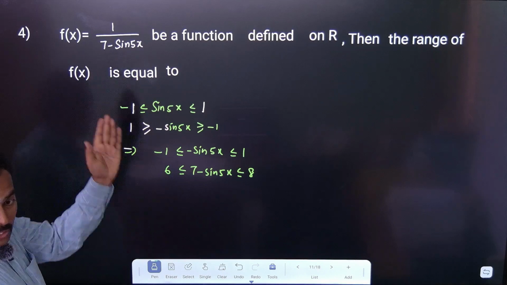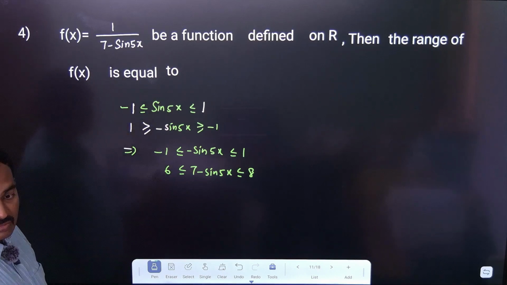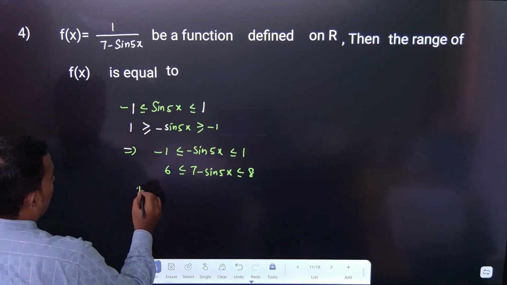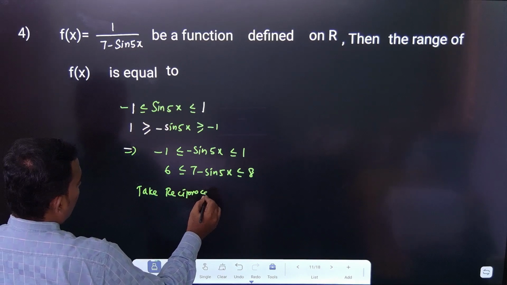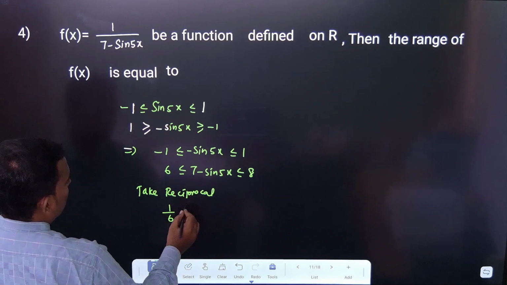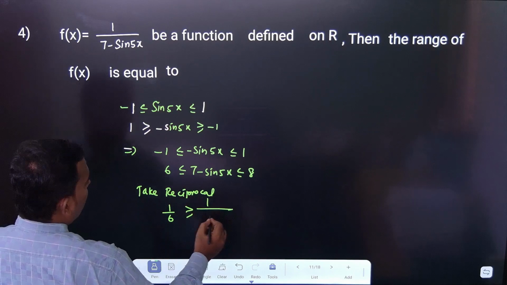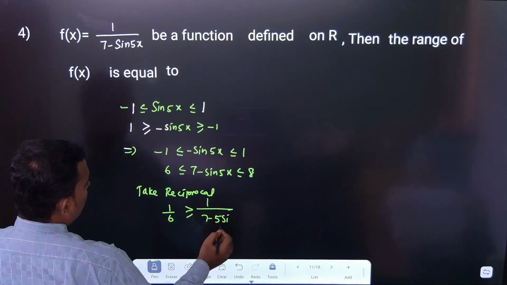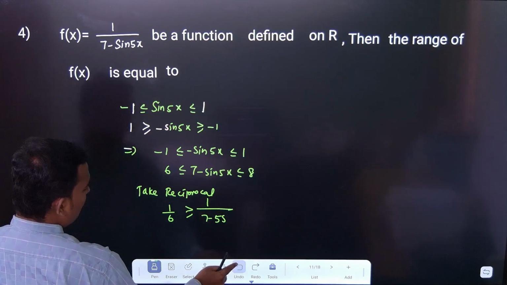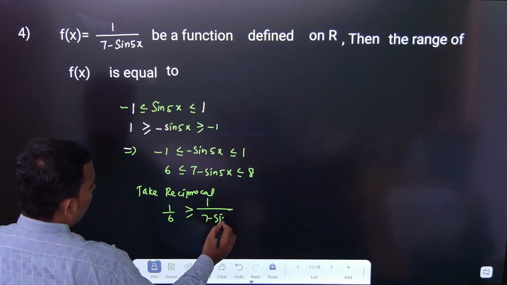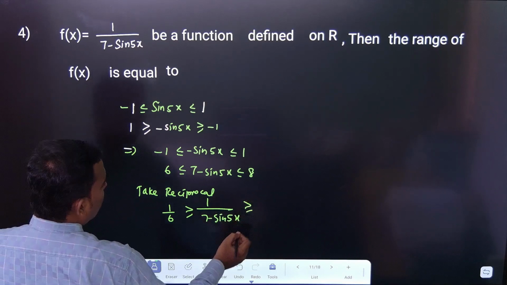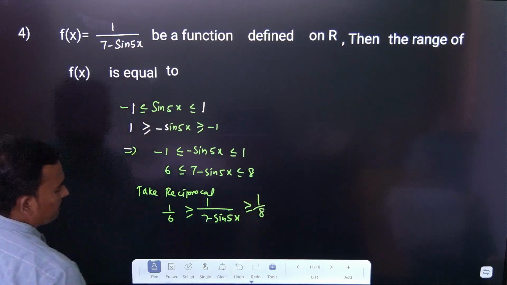Now we need 1 by 7 minus sine 5x. You take reciprocal. What will we get? 1 by 6 is greater than or equal to 1 by 7 minus sine 5x, greater than or equal to 1 by 8.